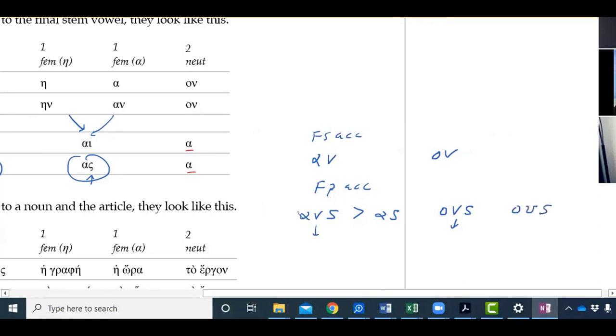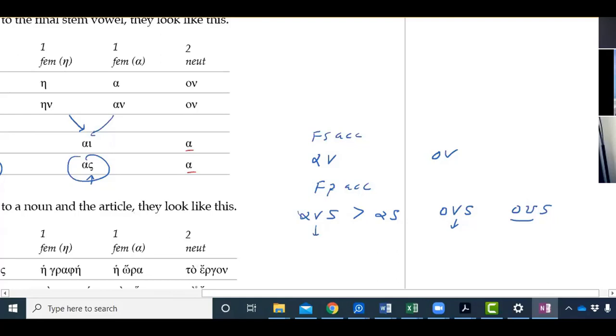Now, what did we say about diphthongs? Are diphthongs long or short vowel sounds? Diphthongs are always long. And so ους is really the result of adding a sigma to ον, the nu falling out, and the omicron lengthening to the diphthong ου, omicron upsilon, to compensate for it. Okay?